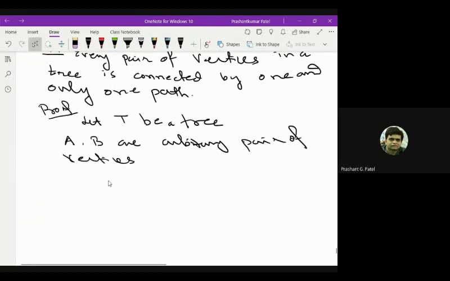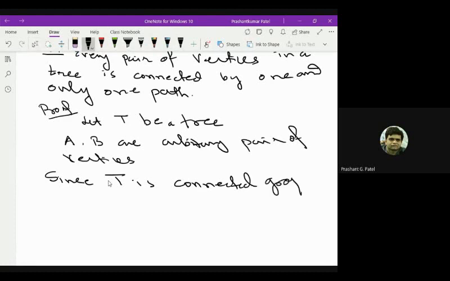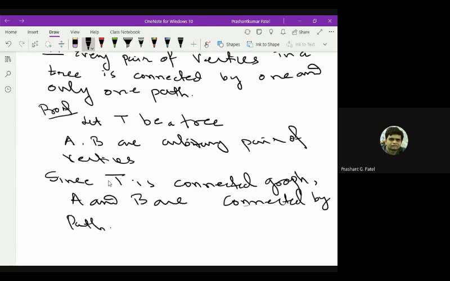So since T is a connected graph, A and B are connected by a path. What we have to prove is that there is one and only one path.